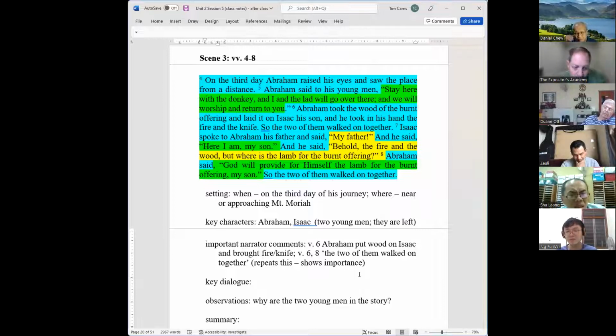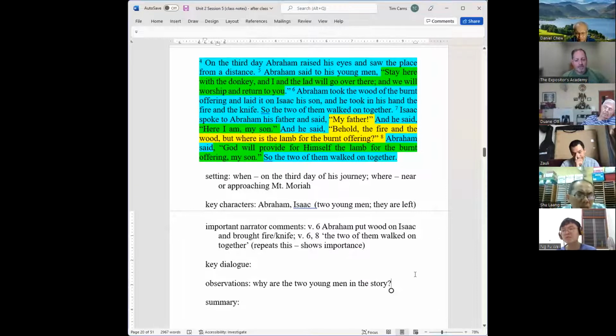Yeah, great question. I put that under the observation here. Perhaps, one, it could be a detail of the story. Sometimes the author includes some details to help us see the story in our mind. Another reason, and one I would lean towards, is probably because of what Abraham said to them in verse 5.